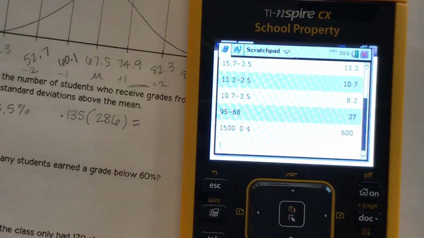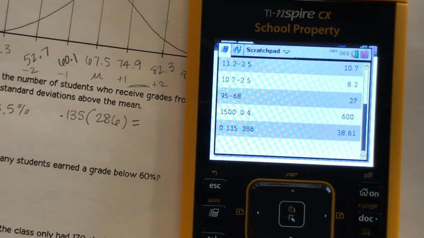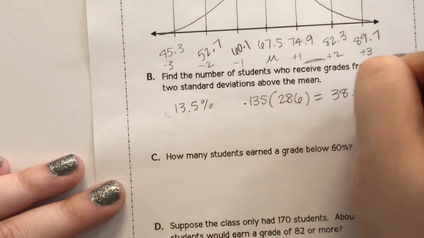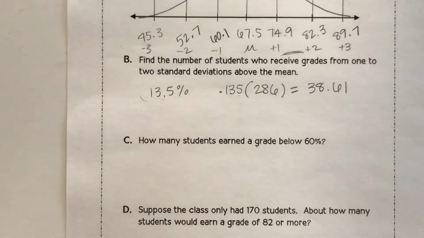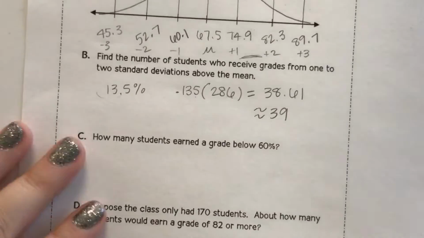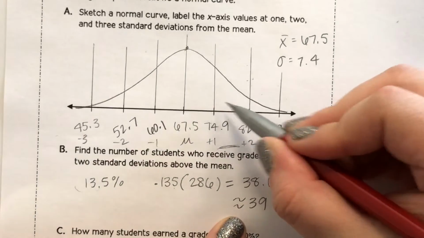So let's do this. 0.135 times 286 is 38.61. Well, I can't have a fraction of a student, so let's just round up to the nearest whole number. So we have approximately 39 students between 1 and 2 standard deviations, which is right here.